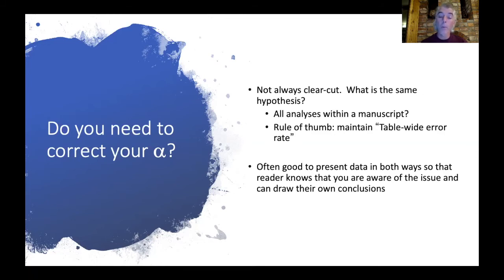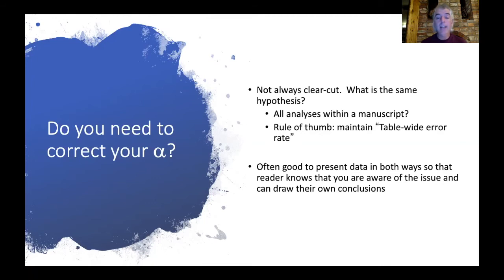Sometimes when we're reporting results, we tend to put the multiple tests of a single biological hypothesis within a single table in the paper. And so we might think of this rule of thumb then of trying to maintain a table-wide error rate of 0.05 by dividing that 0.05 by the number of tests within that table.